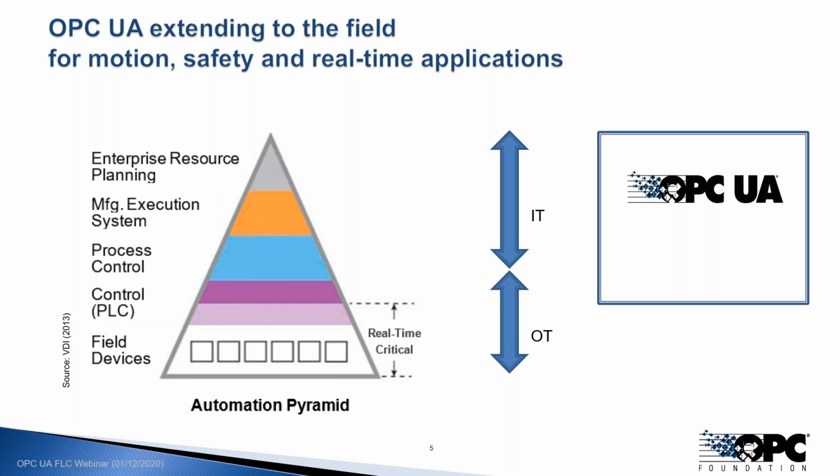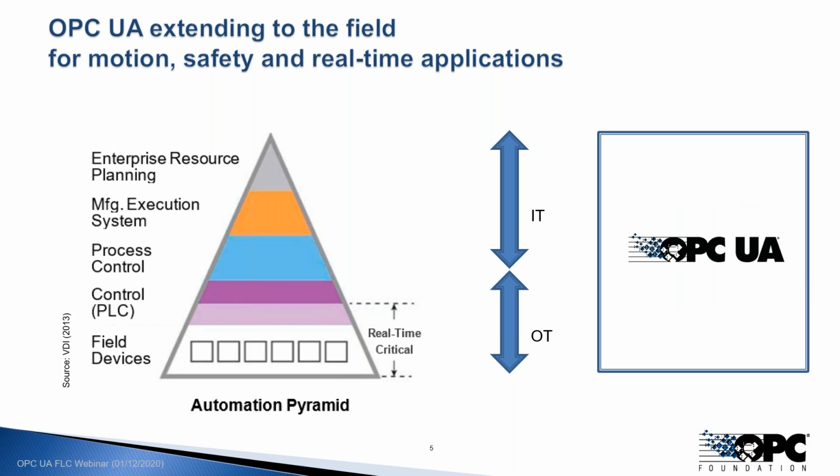Now, by bringing OPC down to the field level, we extend OPC to really have one consistent connectivity standard that is scaling completely from bottom to up and vice versa. And this is also including deterministic communication, motion, for example, and functional safety, as we will hear later.